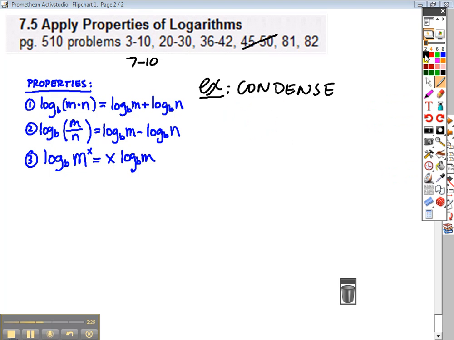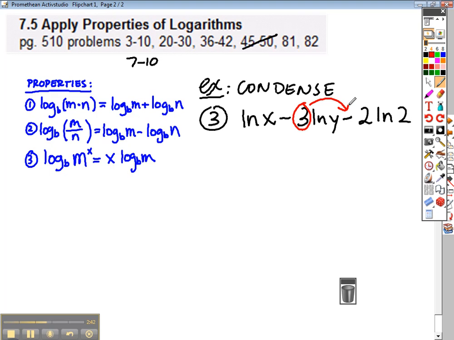Okay, let's throw in a minus. So let's say it's, let's use ln. ln of x minus 3 ln of y minus 2 ln of 2. Okay, so again, first things first, I'm going to take my numbers and move them up as exponents. So this becomes ln x minus ln y cubed minus ln 2 squared.